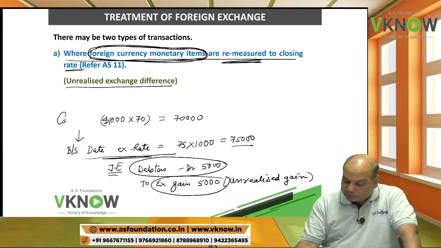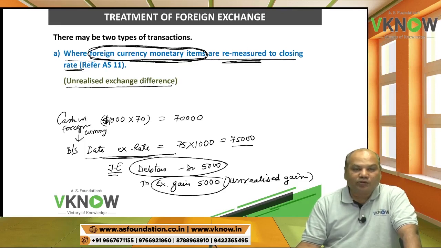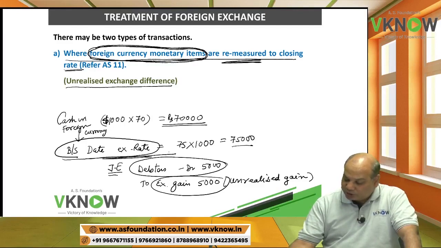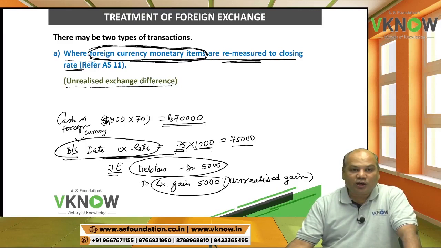Suppose we have cash in foreign currency, dollar 1,000. Opening cash balance in dollar 1,000 was valued at 70,000 rupees. On the balance sheet date, exchange rate is 75. So my cash in hand in dollar 1,000, its rupee value will become 75,000.